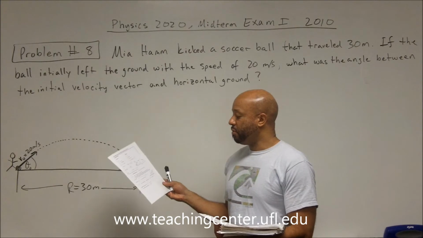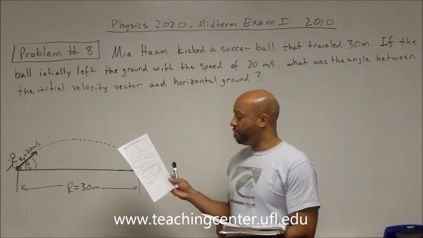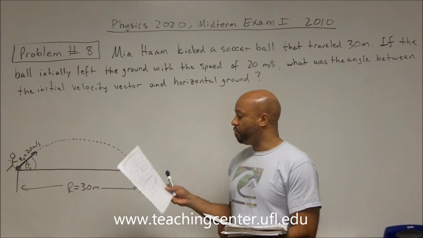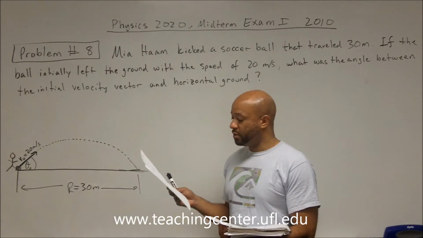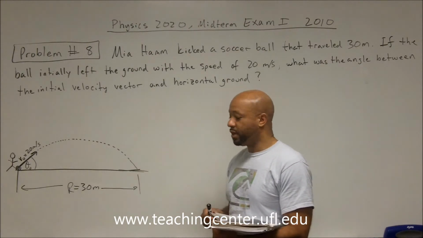given the information in the problem, we have an initial velocity, and we have a range that's given, which is 30 meters, and we know that gravity is 9.8 meters per second squared.